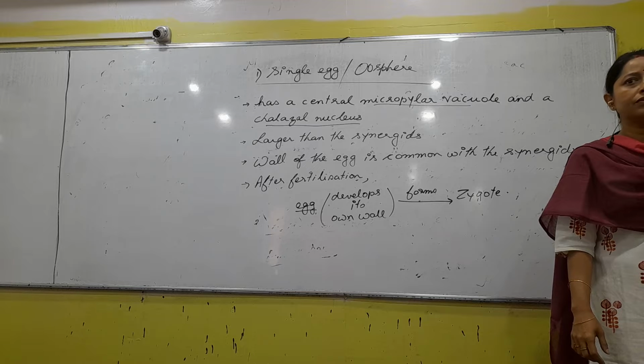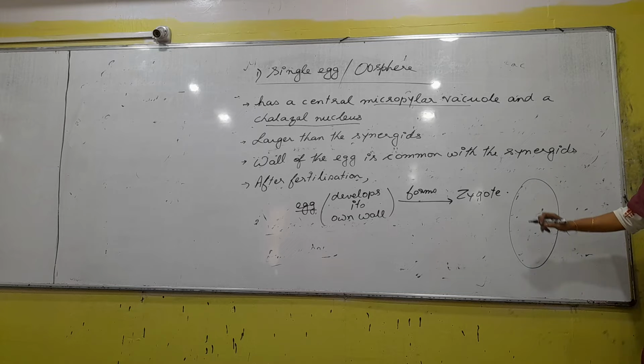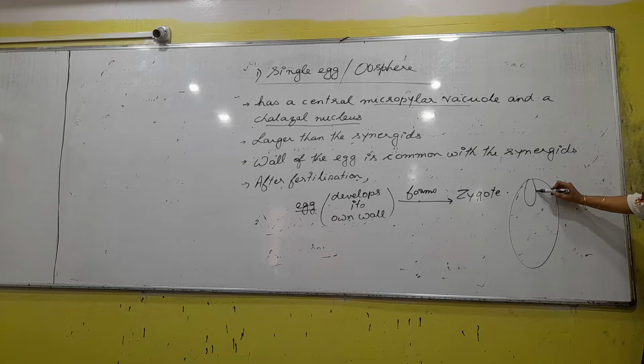The egg is at the micropylar end. This is the micropylar end, this is the egg, this is the synergid. Okay? So if this is the micropylar end, these three cells we call the egg apparatus, right? If you are talking about this egg, it is a respective cell.